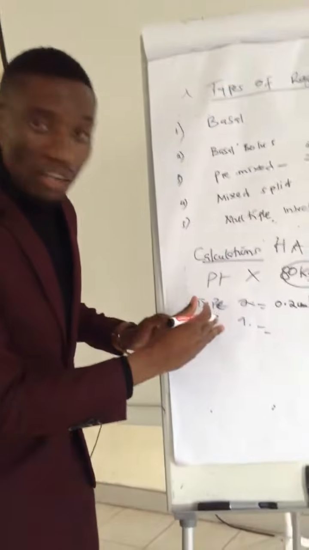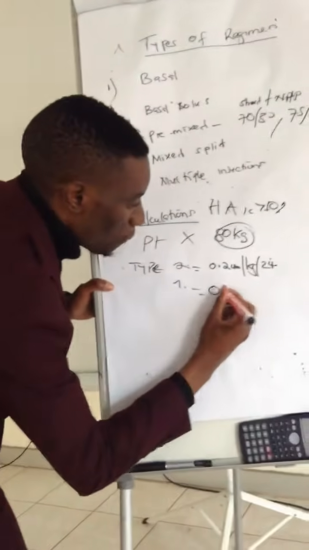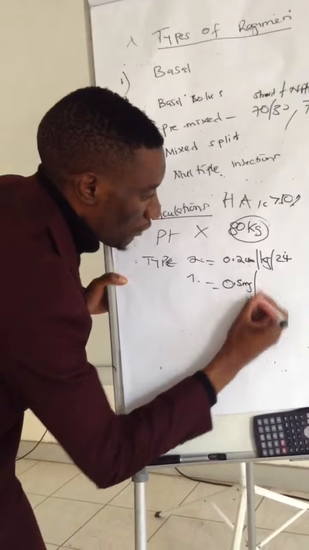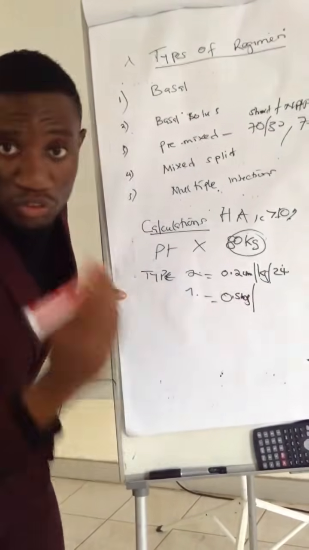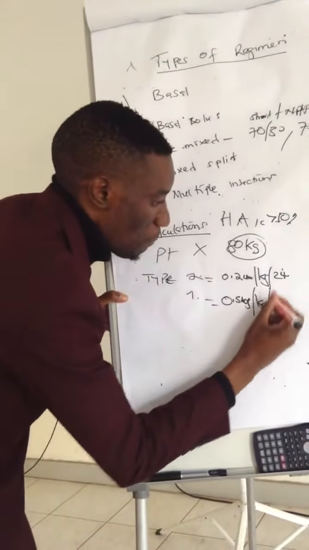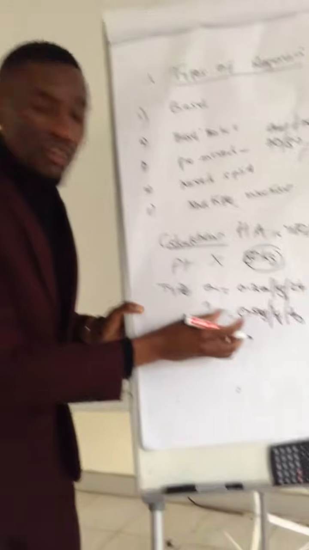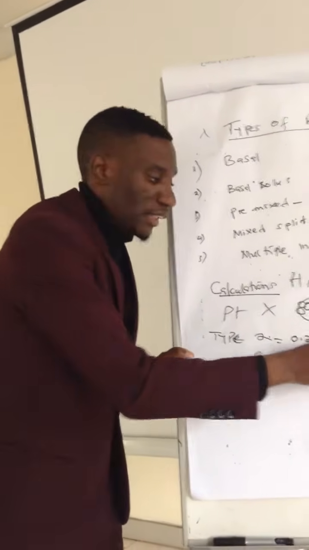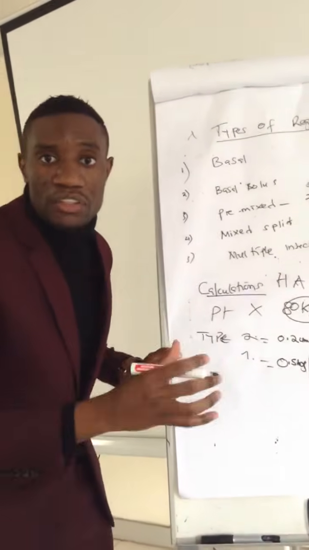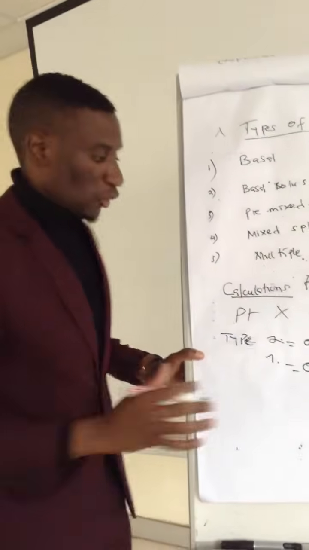Then type 1, we start them at 0.5 international units per kg per day. So we simply multiply 0.5 units times the weight of the patient. This gives us the total dose of the patient in 24 hours. So that's what we start with.